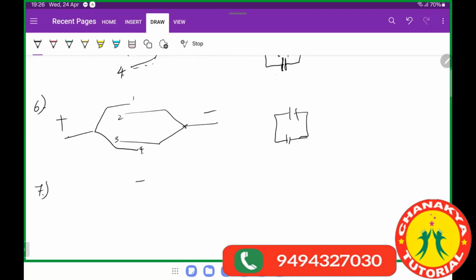Let's make it this way. This is neutral one. This is plus. Here minus. Let's take plus here. Now tell me. Upper one, nothing is given.